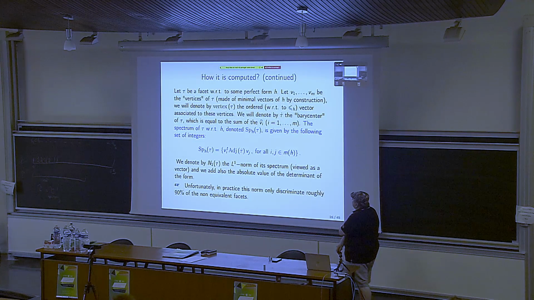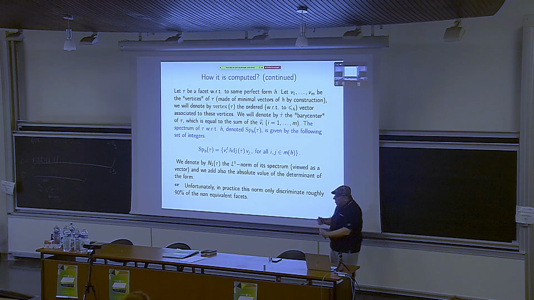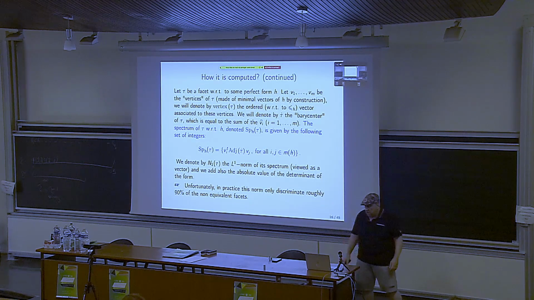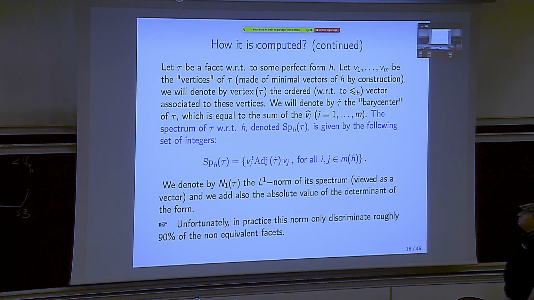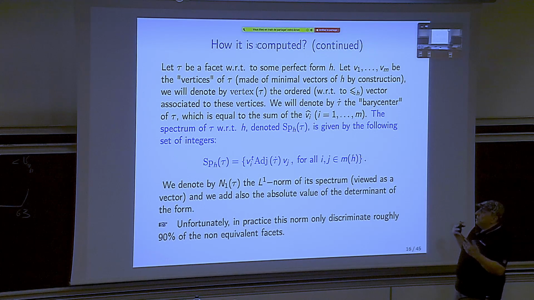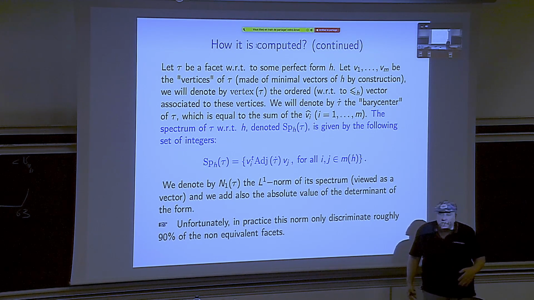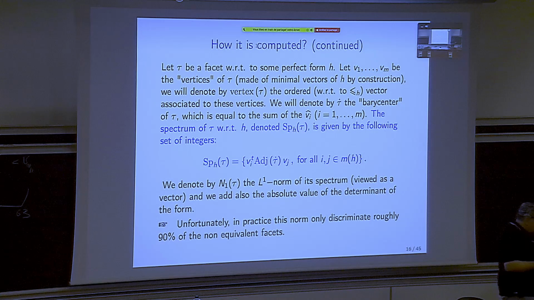In practice, what we use is in some sense a facet norm, which is what is called the relative spectrum. Again, this is something that you can compute because you have all the minimal vectors for the cells. So in some sense, you evaluate the values of your cells with respect to all the minimal vectors.